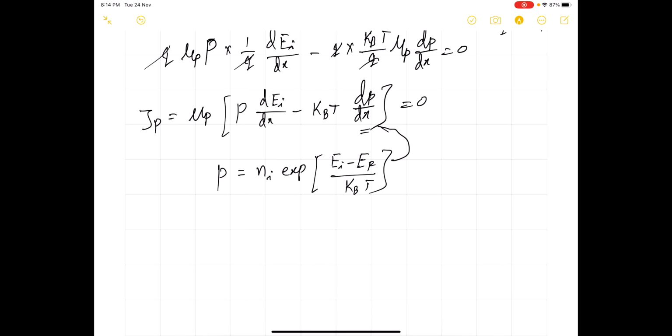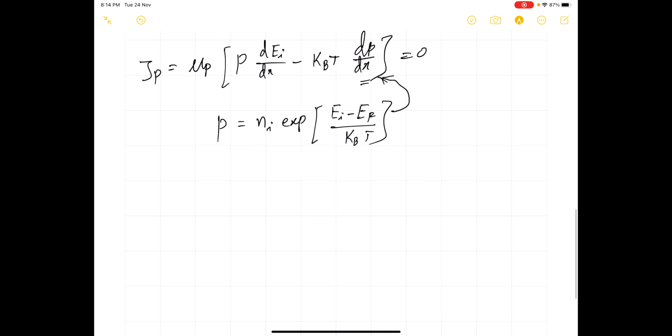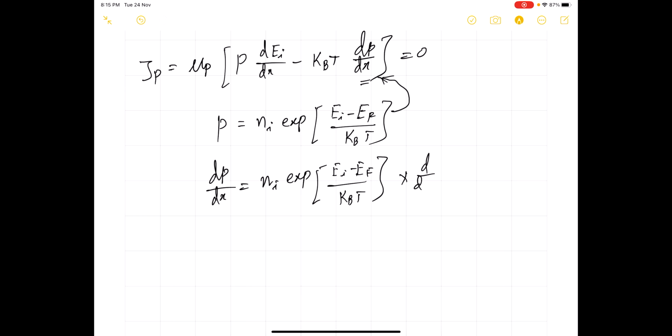So if we want to calculate dp by dx, it is equal to Ni into exponential of (Ei minus Ef) divided by kBT, into the derivative d by dx of (Ei minus Ef) divided by kBT.